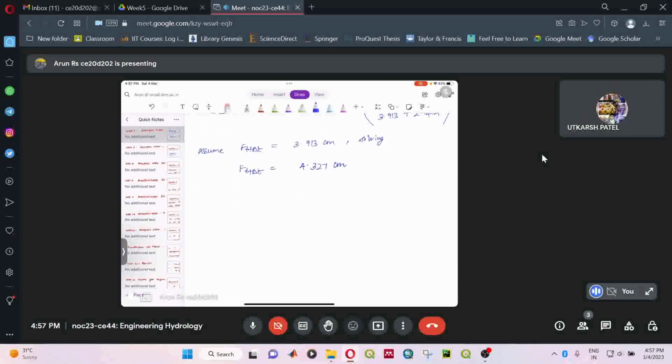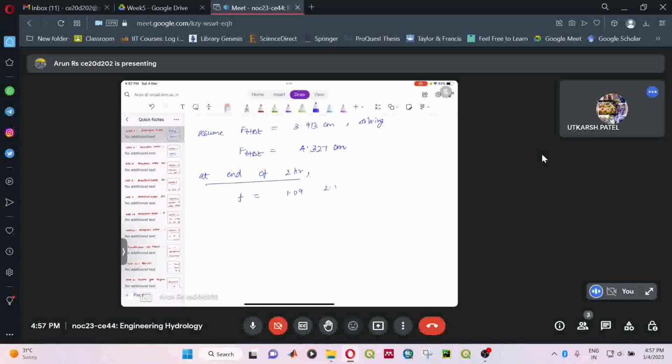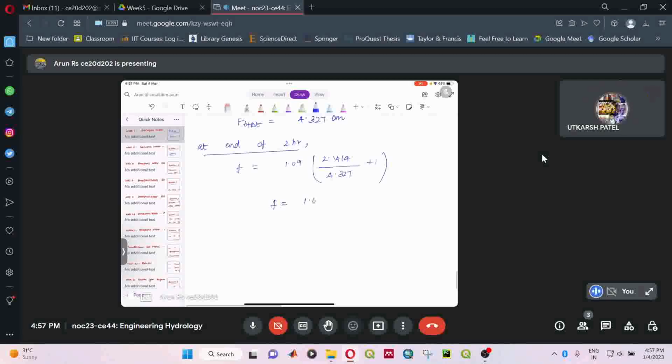So at the end of 2 hours, you can find out what is small f. So at the end of 2 hours, it will be 1.09 into 2.1414 divided by 4.327 plus 1. f will be equal to 1.629 centimeter per hour.